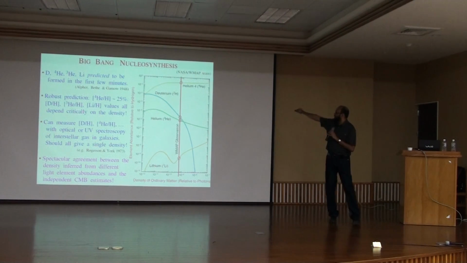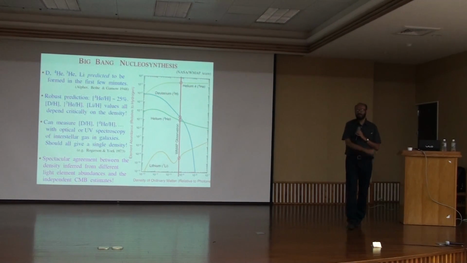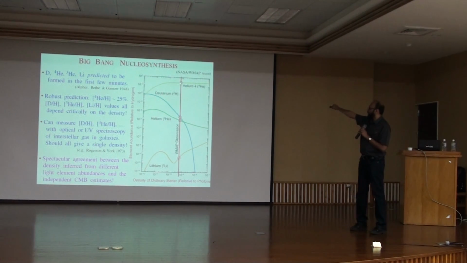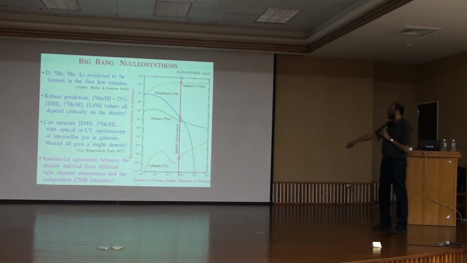The measurements are here, the red circles. So the helium measurement, helium-4, is 25%. Bang on the prediction. 24-point-something%. Right there. The deuterium measurement is about 2.5 times 10 to the minus 5. Bang on here. The helium-3 measurement is here.